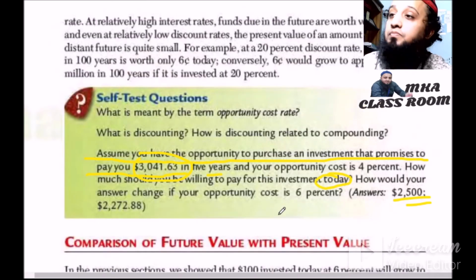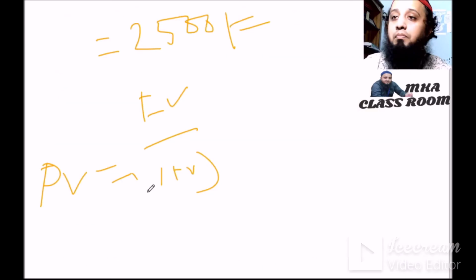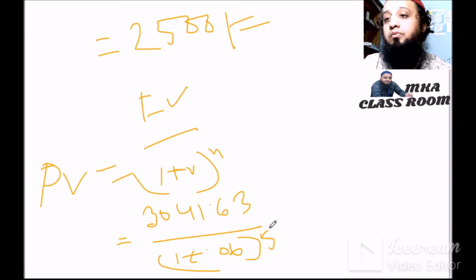Then here I said another thing, if our opportunity cost changes to 6%, what will be our changed value? If the interest rate changes to 6%, so FV divided by 1 plus R power n: 3041.63 divided by 1 plus 0.06 power 5.